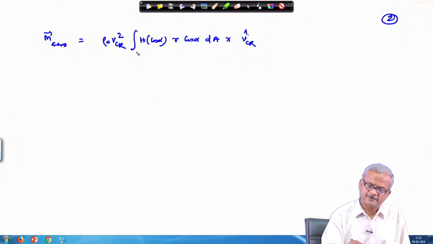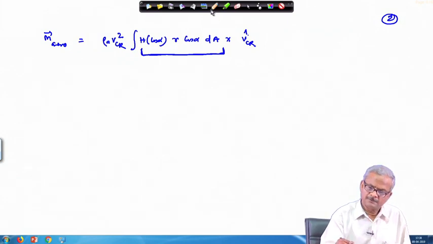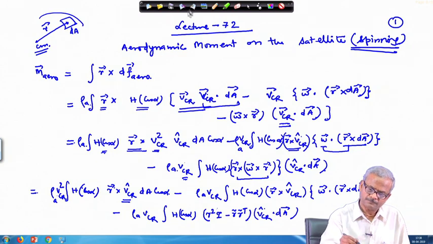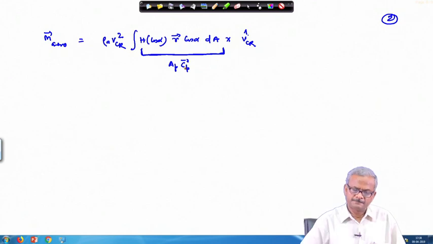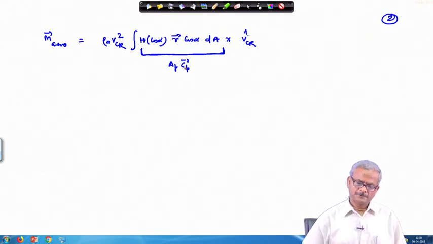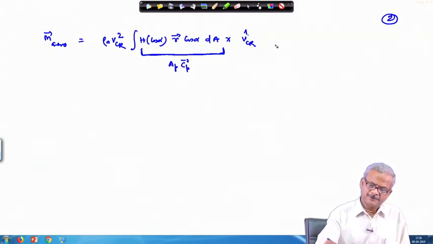You can see that the term which is present here is nothing but your A_P times C_P. This way all the terms should emerge.